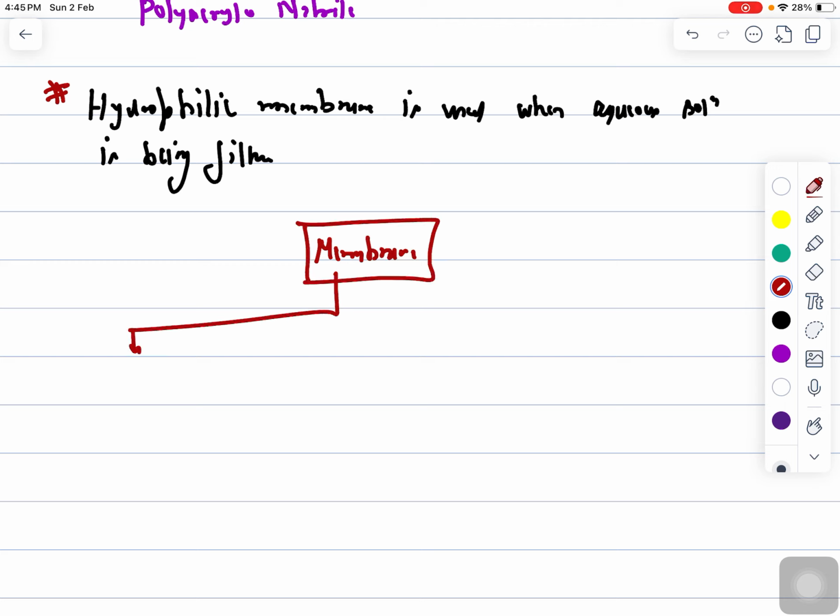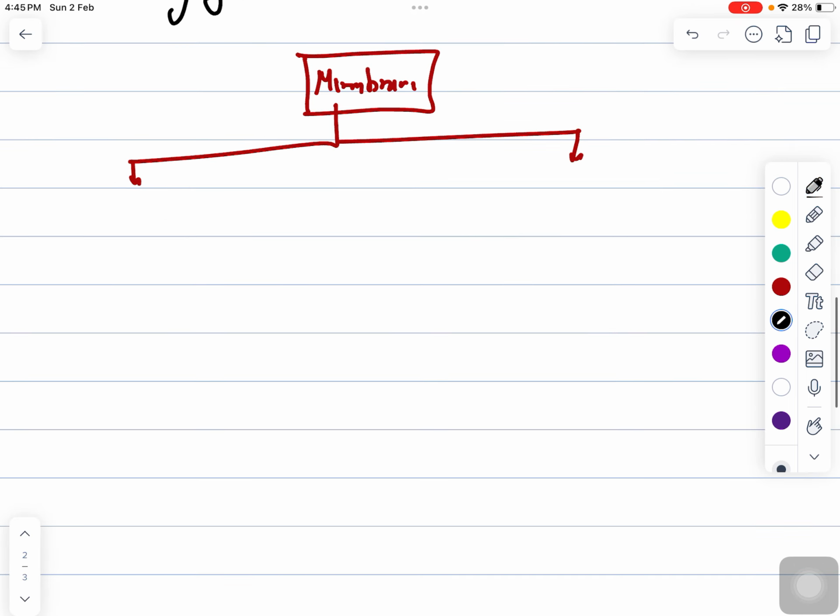So if I am talking about the membrane type, you can have a homogeneous membrane, and there can be a heterogeneous membrane.